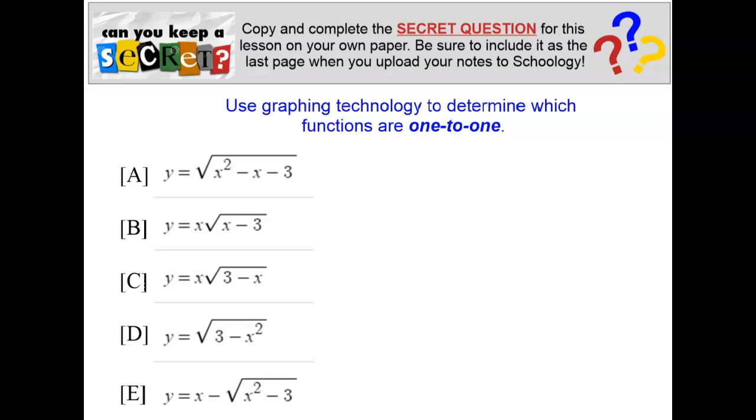Okay, and that brings us to the secret question for this lesson on graphing inverses. For the secret question, you're going to get some separate paper and then use graphing technology, either a graphing calculator, or you could use Desmos or GeoGebra online, but use some piece of graphing software to determine which of these functions are one-to-one and which are not.